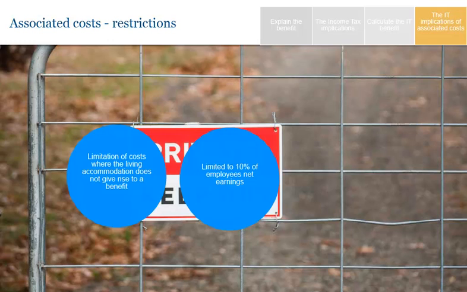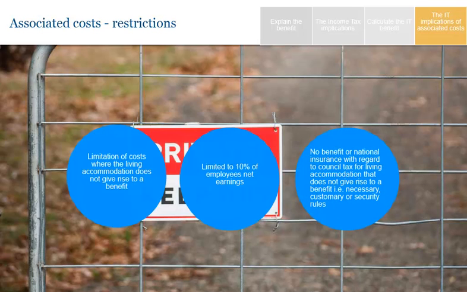This means earnings and benefits less expenses, obviously apart from this one, otherwise you get a circular problem, less allowable deductions and occupational pension contributions. There's also a tax break in certain circumstances with regard to the payment of council tax for these similar circumstances where the basic benefit does not apply due to the circumstances of the provision of accommodation. That council tax bill is not taxed.